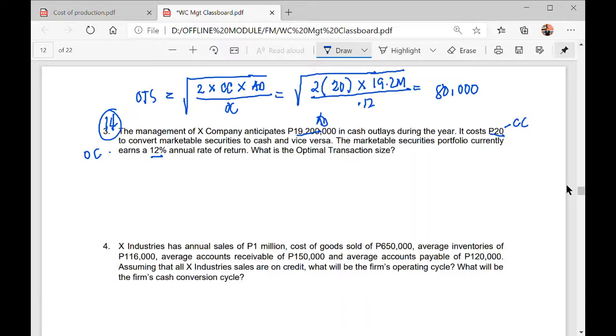So the answer here is 80,000. So the optimal or the best transaction size converting your marketable securities to cash or cash to marketable securities is 80,000 pesos. Okay, so this is in peso. So just apply the formula to get the answer.